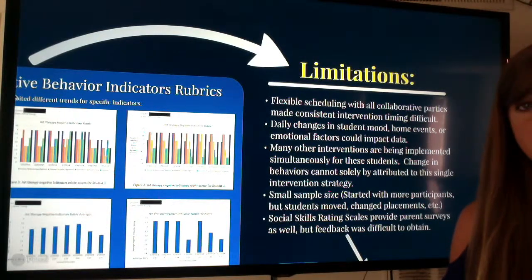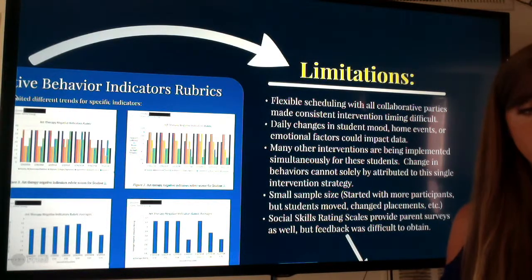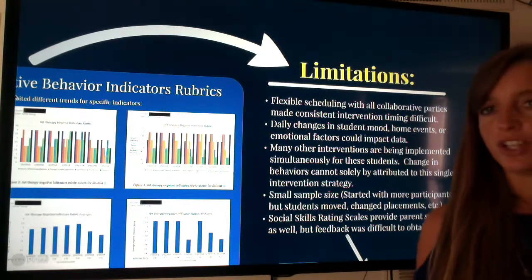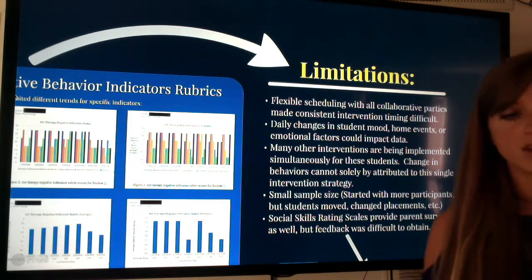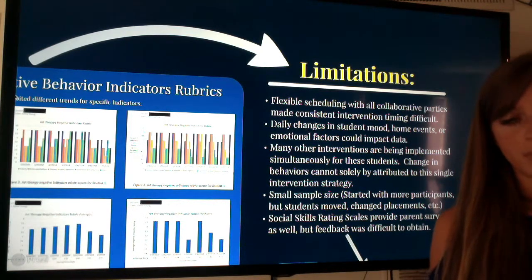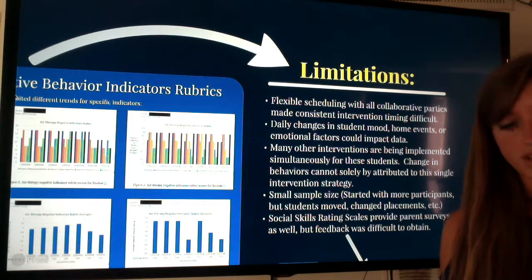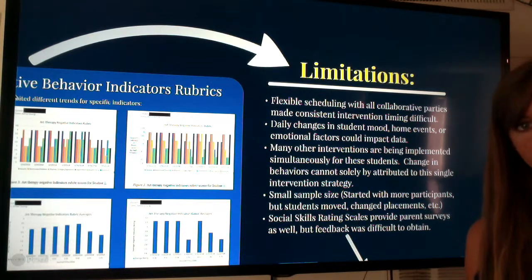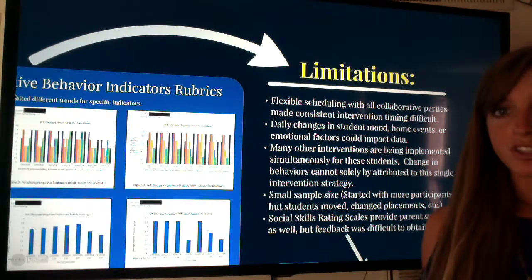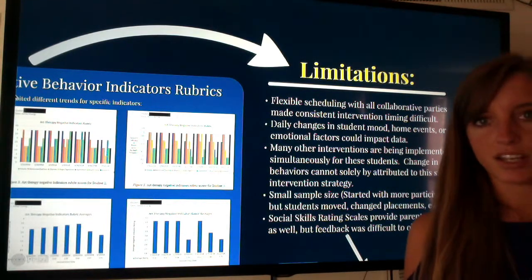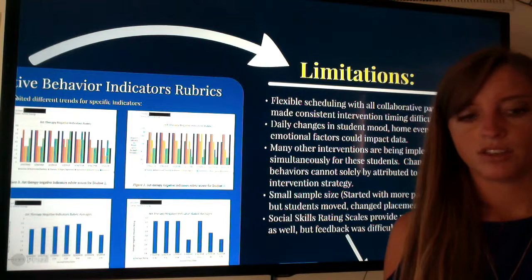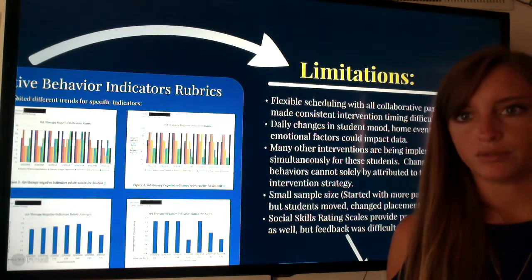There were some limitations within the study, including that flexible scheduling with all collaborative parties made intervention timing really difficult. This just included absences and struggles being able to schedule planning times with each of the 3 teachers that were responsible for providing instruction. Daily changes in student mood, home events, and emotional factors can all impact data, especially since we're studying those behavior impacts and influences.